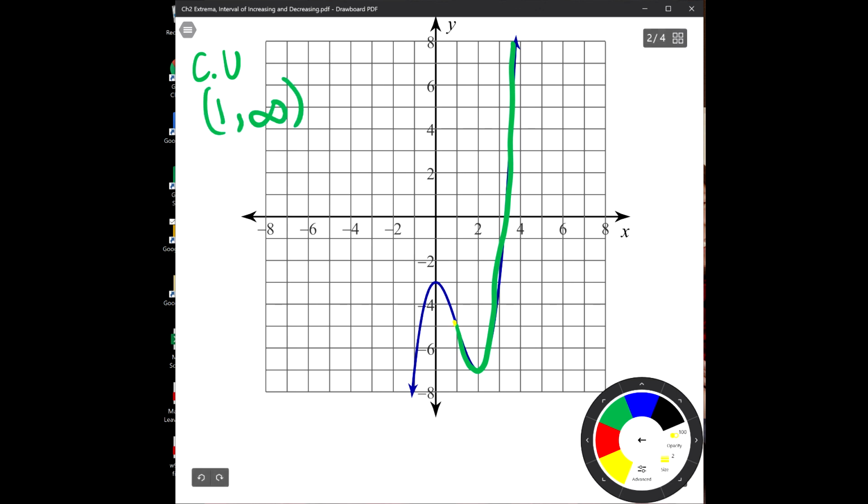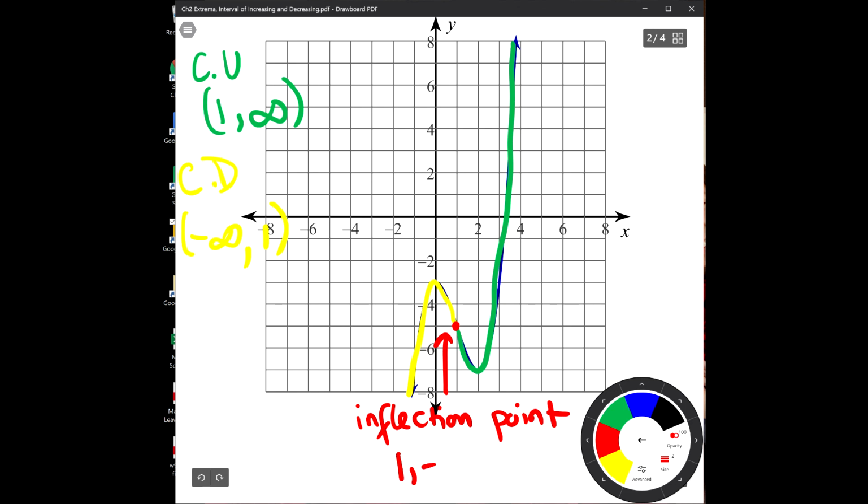And then for concave down, we have -infinity to 1. And since we talk about concave up, concave down, it's easier if we state the inflection point, which is the point where the yellow color turns into green color, or where concave up turns into concave down, or the other way, concave down turns into concave up. So inflection point is 1, -5. Right?